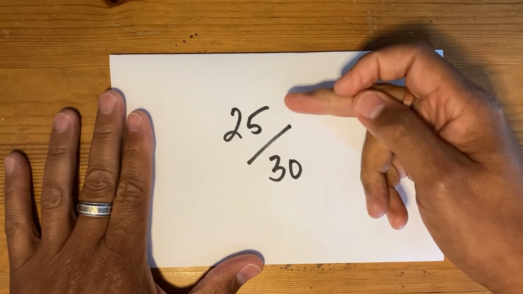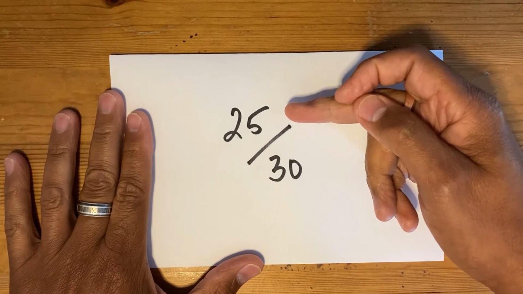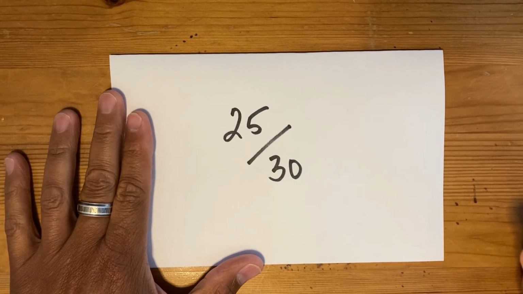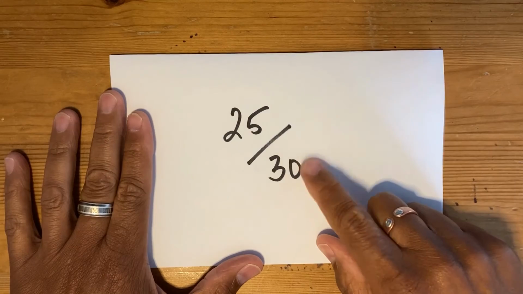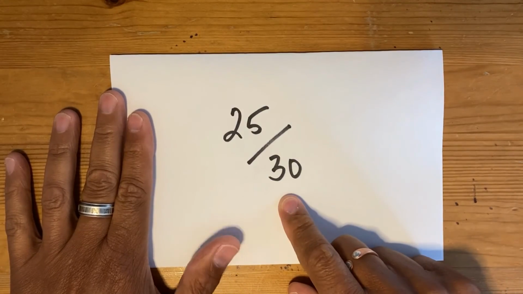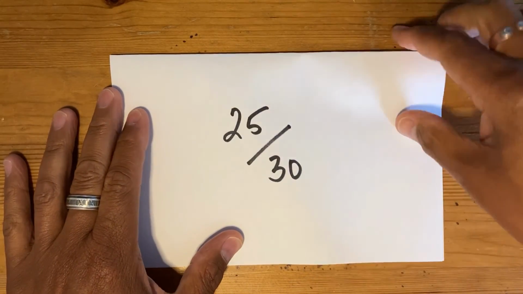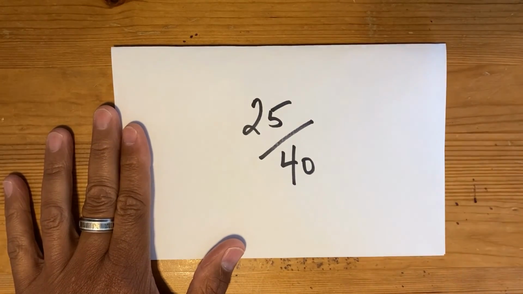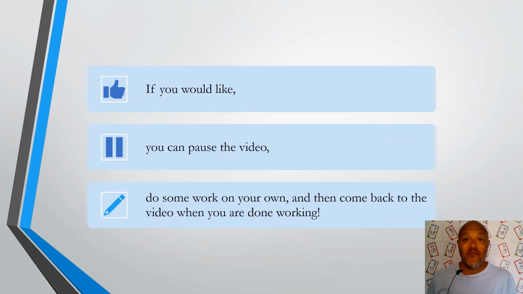But when you're reducing or increasing the numerator and the denominator, if you're multiplying or dividing by 1, you should still get an equivalent fraction. So try to find equivalent fractions for 25/30ths, and when you're done with that, try to find equivalent fractions for 25/40ths. If you'd like, you can pause the video, do some work on your own, and then come back to the video when you are done working.